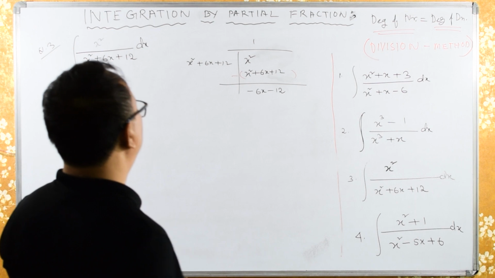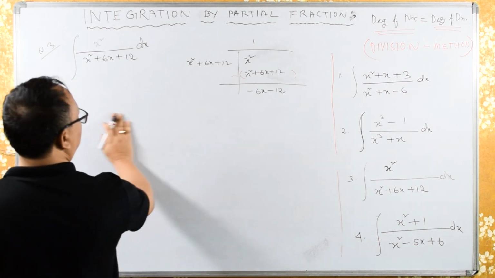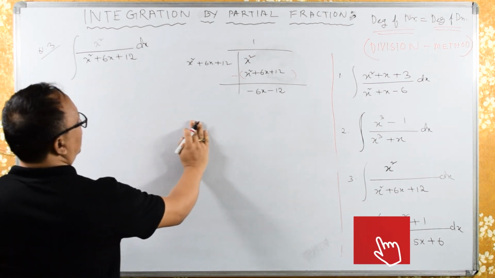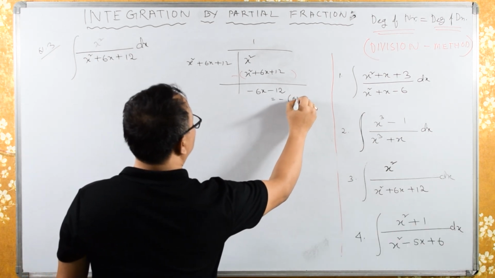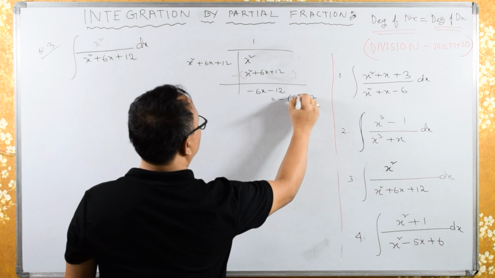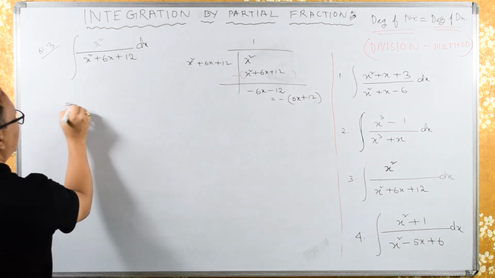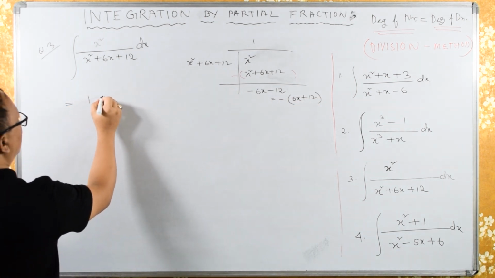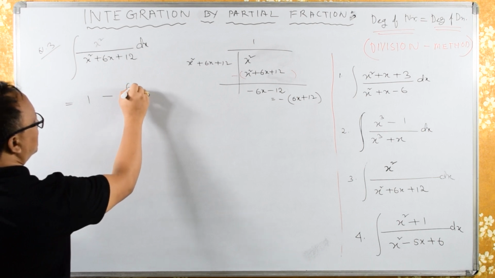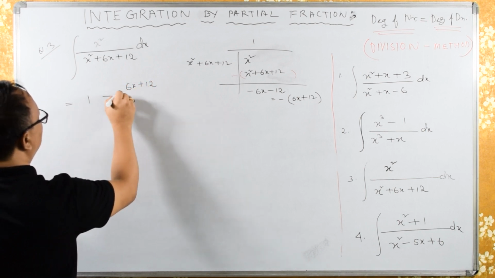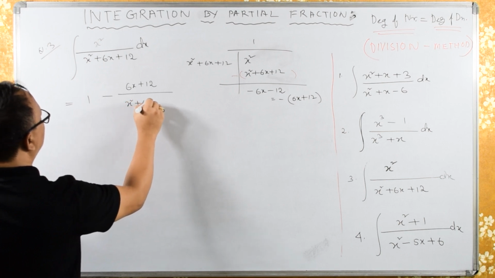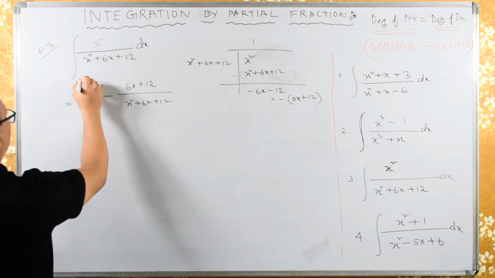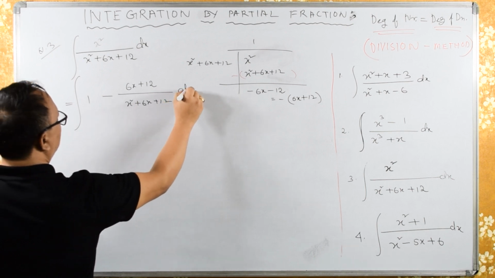After that you cannot continue, so I can take the minus common, which gives 6x plus 12. Therefore this can be written as integral of 1 minus 6x plus 12 upon x square plus 6x plus 12.